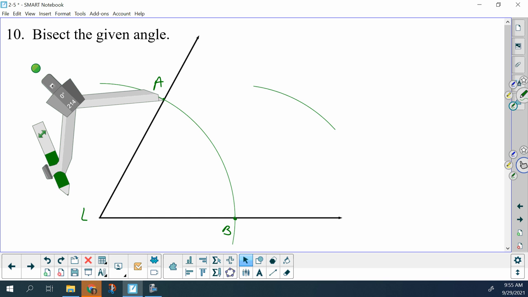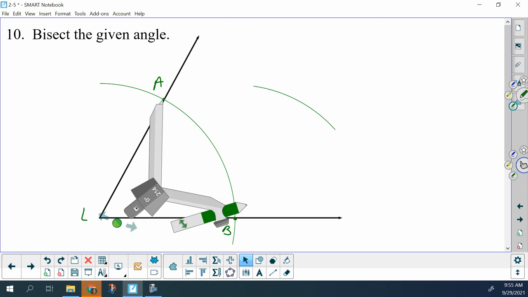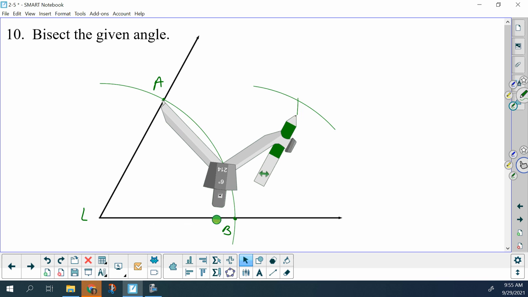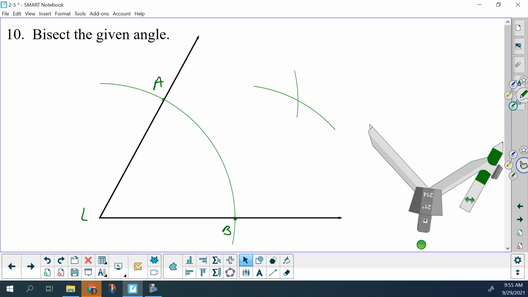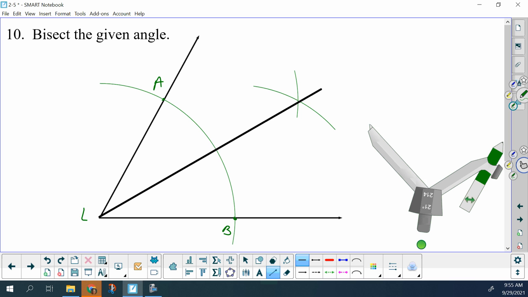I don't want to drag my compass all the way and make all these marks. I'm going to keep it not touching until I get close to the intersection point. And now it will go. Questions?